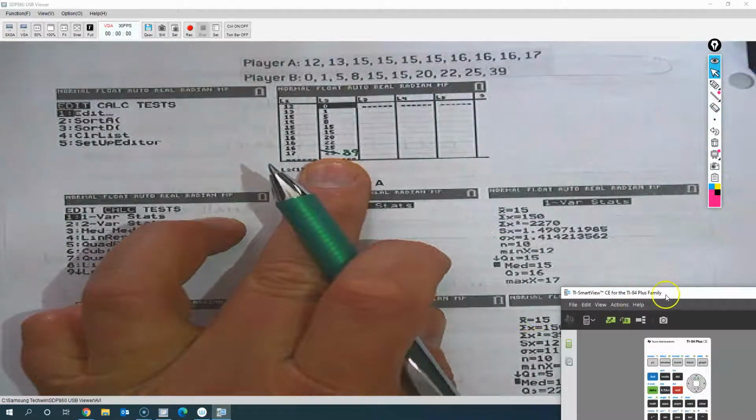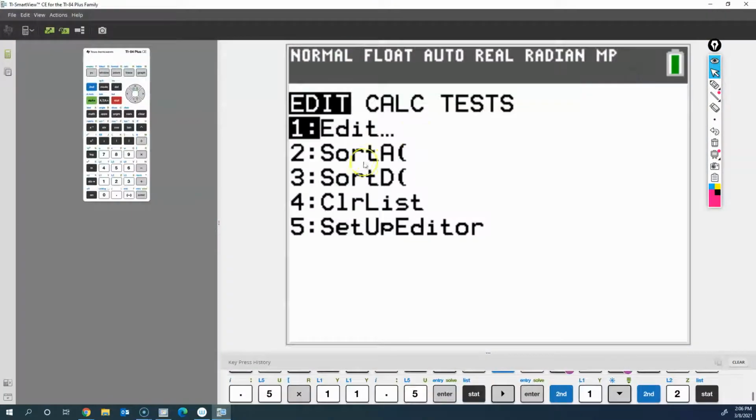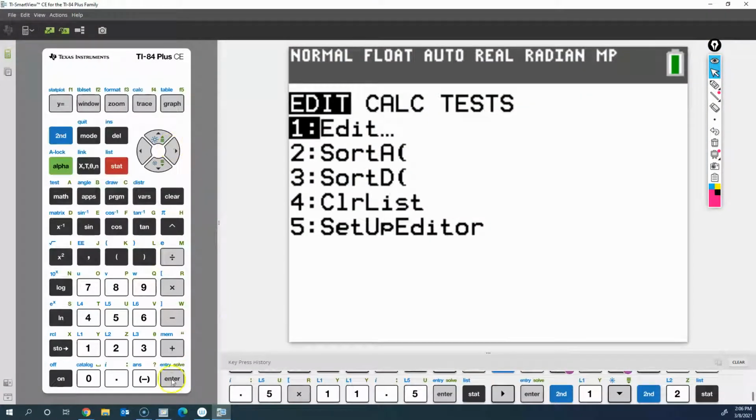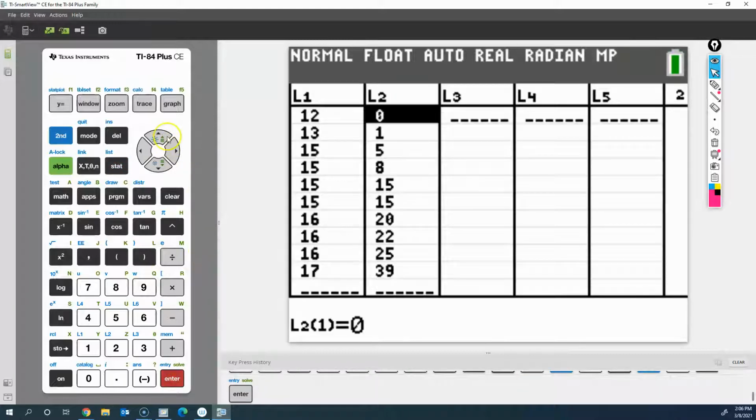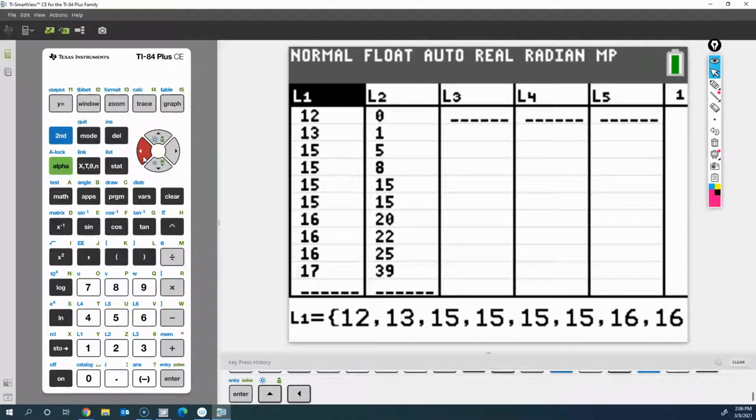Okay, so let's take a minute and get those typed in. So I go edit, and I go to my lists, and I type in those two sets of numbers. Now I've already got them typed in from my last class, so I'm just going to leave those. Anybody need help on how to type them in?